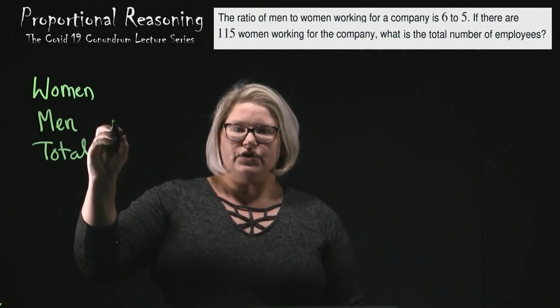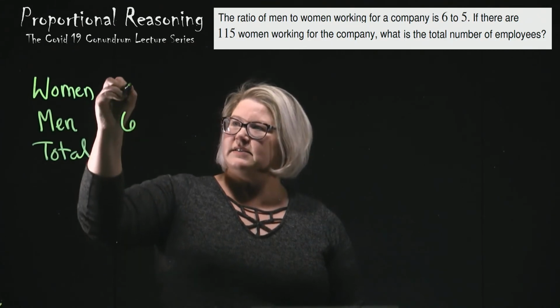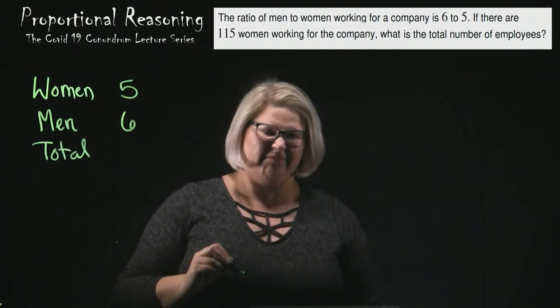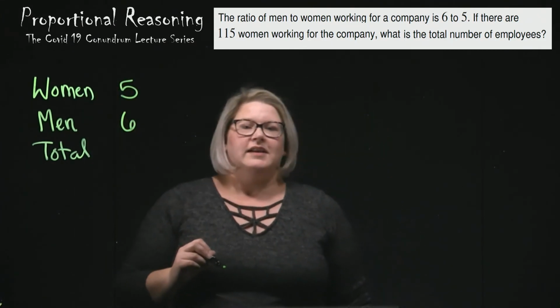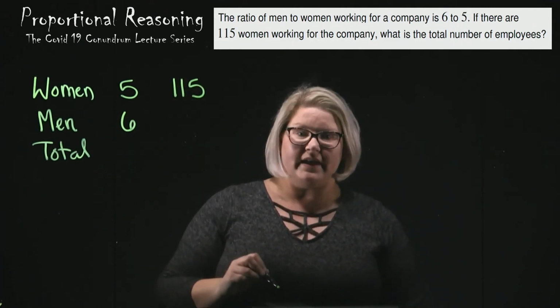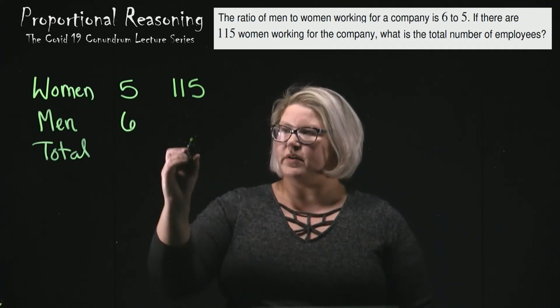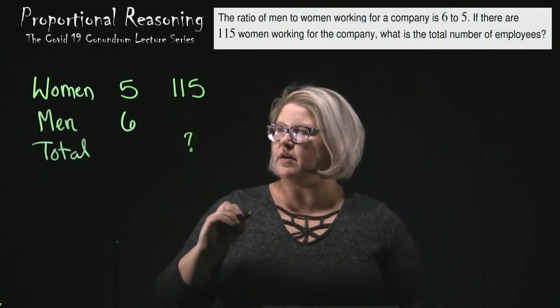So the ratio of men to women is 6 to 5. Well, okay. Now they say that there are 115 women working at the company. And then they want to know, what's the total number of employees? Well, that's what we don't know.